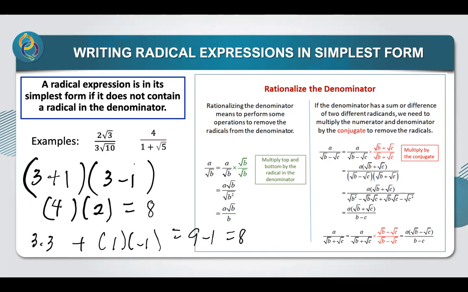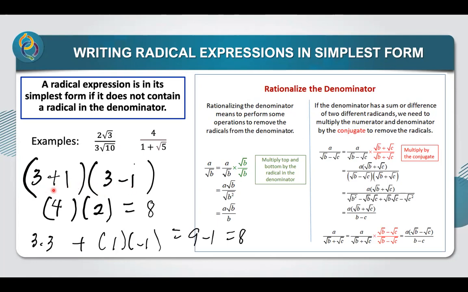Now, I'm just doing this. We'll talk more about this when we multiply binomials in just maybe a few slides away. But rationalizing the denominator by multiplying by the conjugate says they have the same values, except that one is a plus, the other is a minus. If I am talking about 3 plus 1, the conjugate of 3 plus 1 is 3 minus 1.